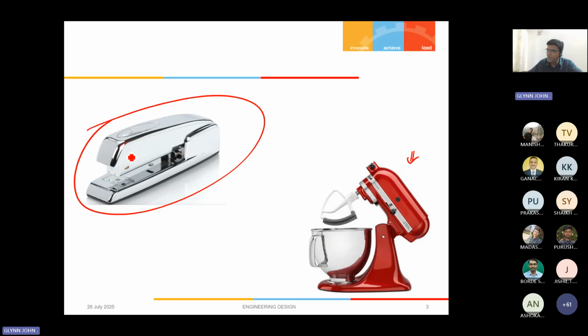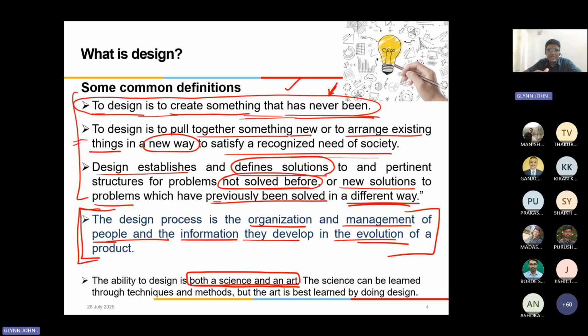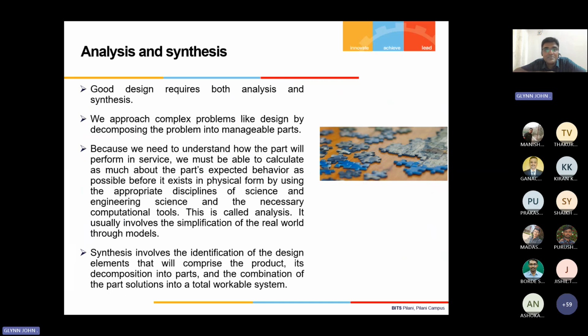Now, how the product looks, from the shape, the finish, corners, colors, that part is definitely art, right? So you have to apply both the concepts of science and art in order to come up with a very effective or good design, right? Okay, now of course we'll go through some more aspects.